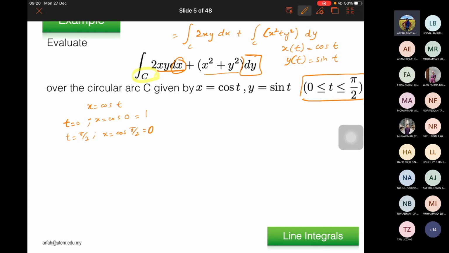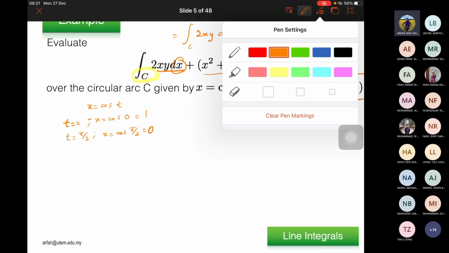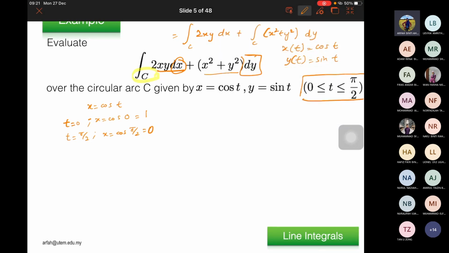Okay. So in this case, y equals sin t. So y equals sin 0, which gives 0. And in this case, y equals sin pi over 2, which gives 1.